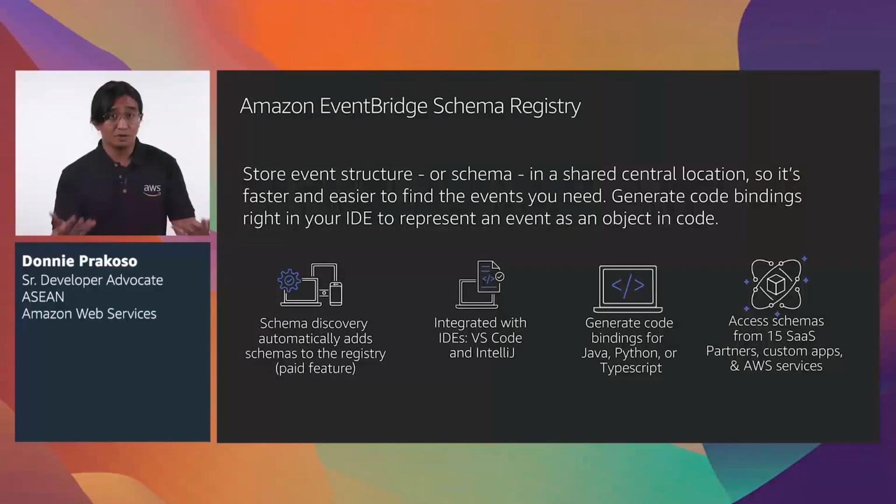You can also download code bindings, which allow you to represent the event as an object in your code and take advantage of IDE features such as validation and autocomplete. You can download code bindings for your programming language and use this code in your IDE via the AWS Toolkit or in the AWS console.